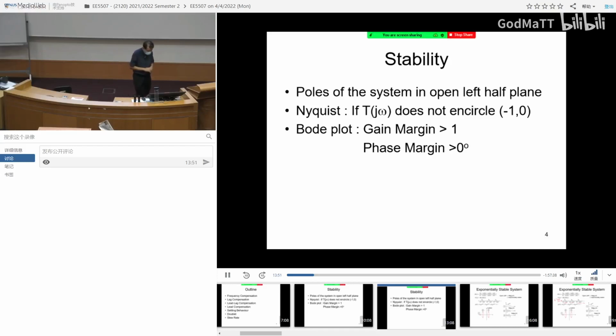This is good in the sense that it frees you from the need to factorize the system. You don't need to know whether the pole is in the left half plane or right half plane. You don't even need to know where the pole is. You just have to substitute and calculate. So the second method is very simple.